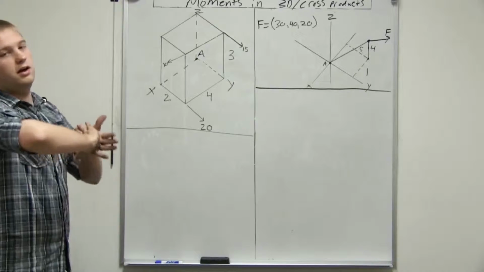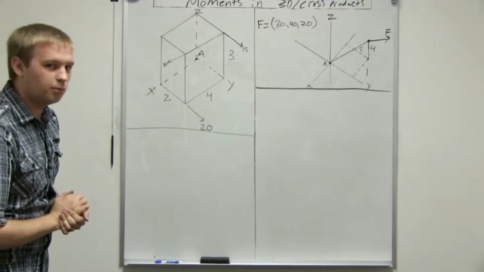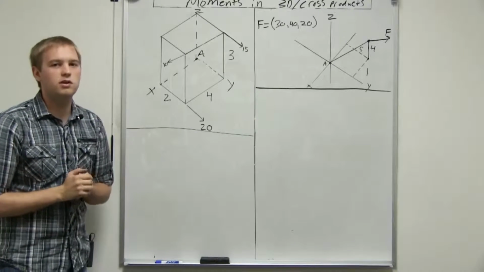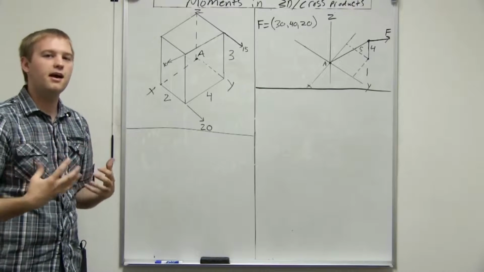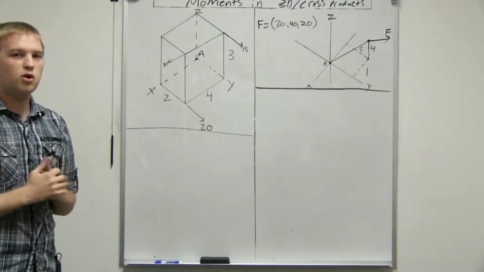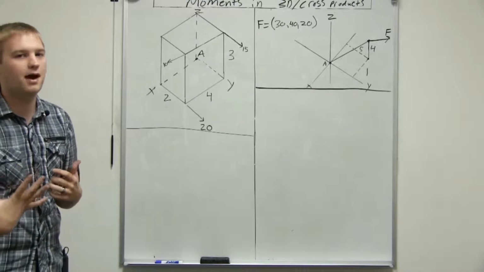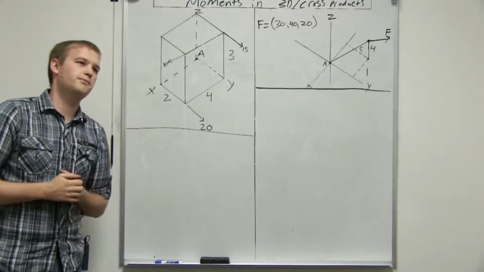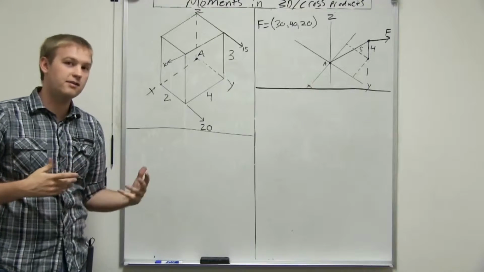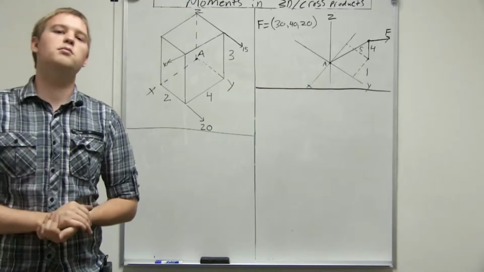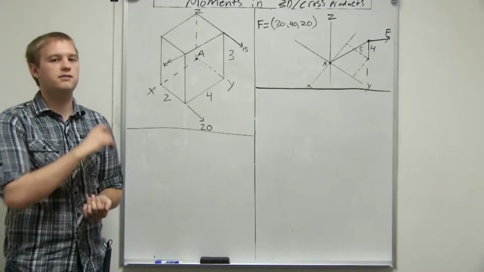First of all, the one slight difference between moments in 3D and moments in 2D is you have to now keep track of which axis the force is creating a moment about. Because the force may be creating a moment about the x-axis, but it's not creating any moment about the y or the z-axis.